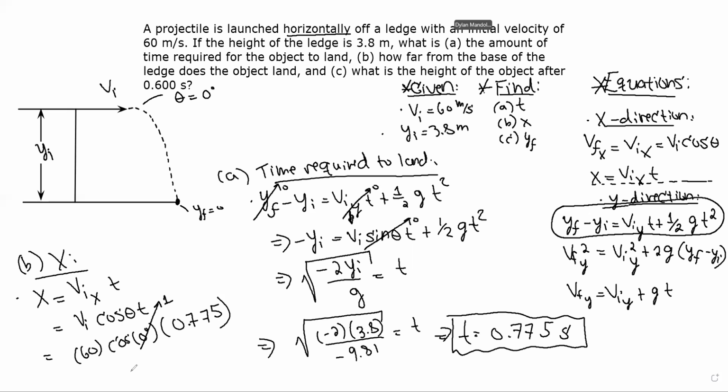So 60 times 0.775. That's 46.5. So the projectile moves an x amount, which is about 46.5 meters. That's part B. Good.